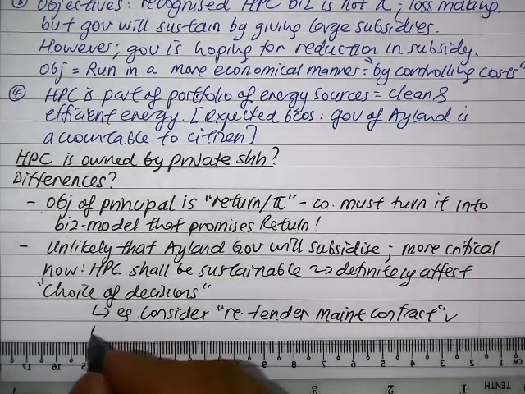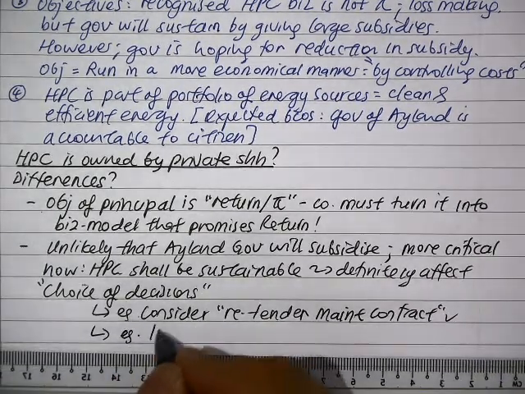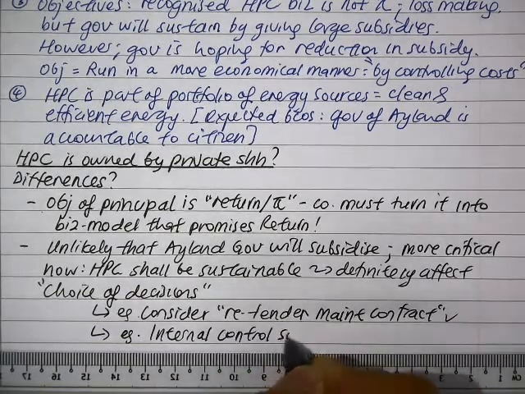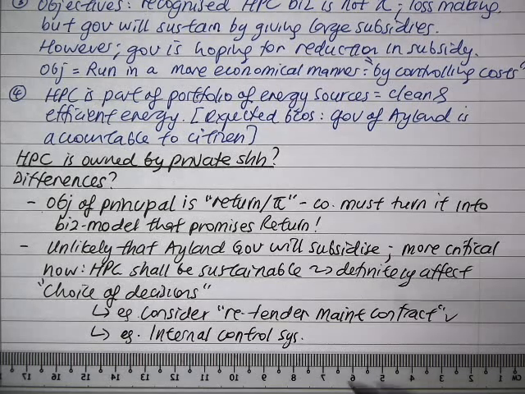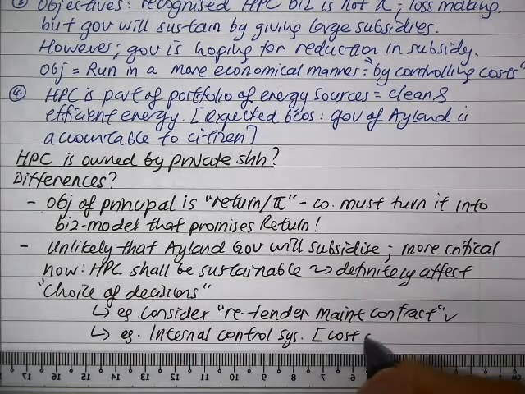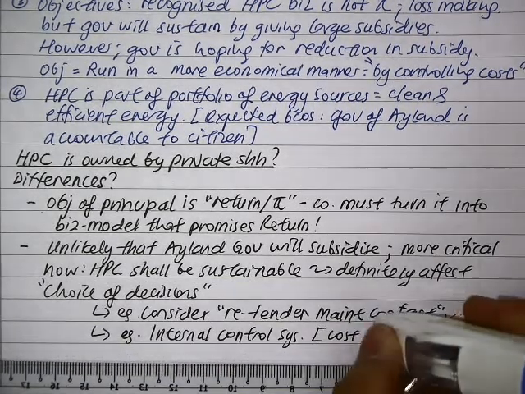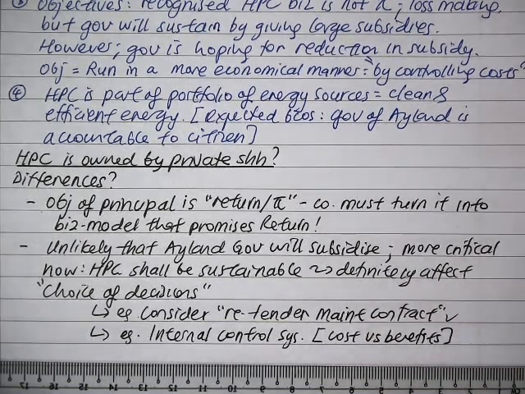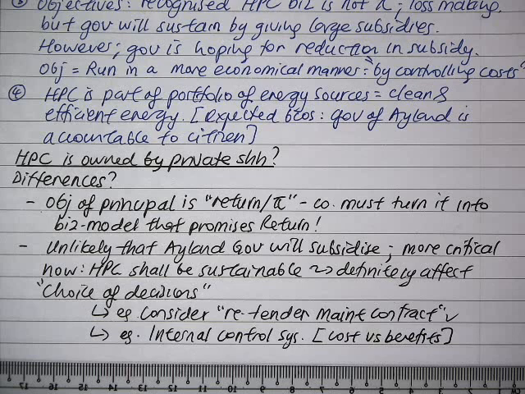Now, it might even affect you in terms of, for example, your internal control system, that you may start to look at a lot of cost benefit analysis, that you might take more risk in the sense that you want to maintain profitability. Unlike government, they don't care one. So that's why in this case you find that things would have been much different over here.